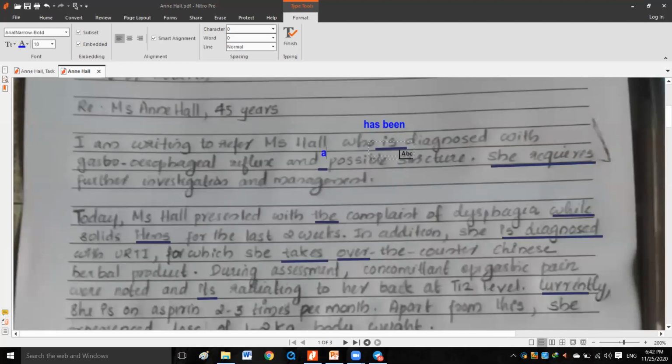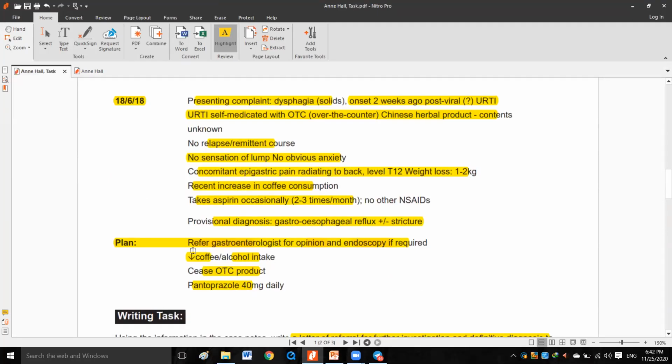You can add provisionally diagnosed, who has been provisionally diagnosed, because it's mentioned in the writing task, provisional diagnosis gastroesophageal reflux. And that's why I accepted the idea of mentioning the diagnosis in the introduction. So you can add just the word provisionally.